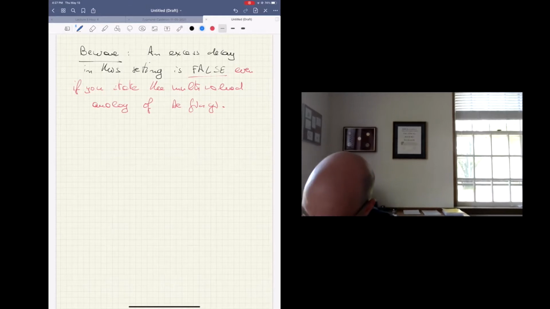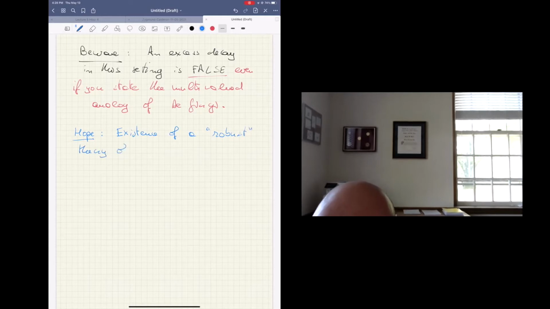So one thing that you can hope for is the existence of a robust theory of multifunctions which minimize the correct analog of the Dirichlet energy.